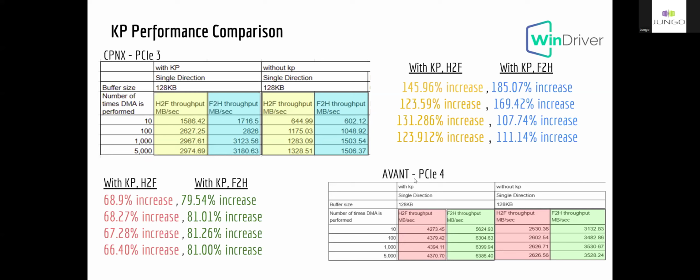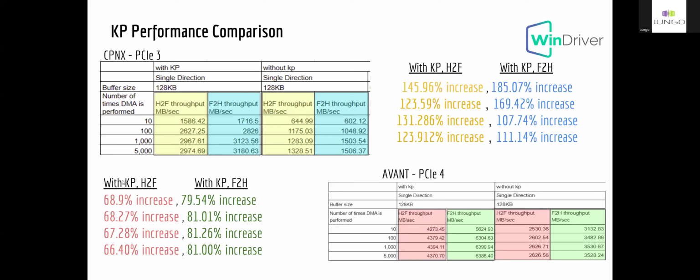In Avant, we see the same. With kernel plugin host to FPGA, we have more than 60% increase in performance. We have around 80% when talking about FPGA to host. The reason these numbers are lower is that the Avant is much faster, and it is much harder to optimize and improve faster things.